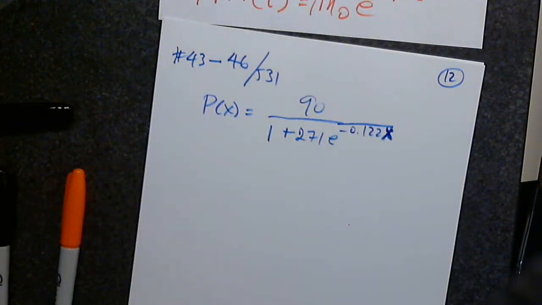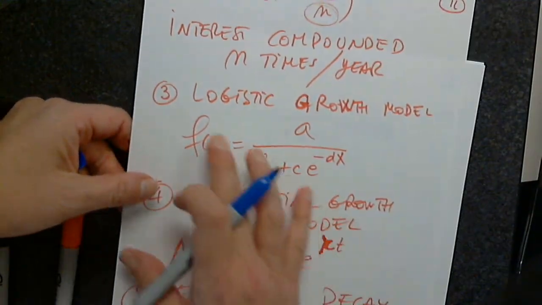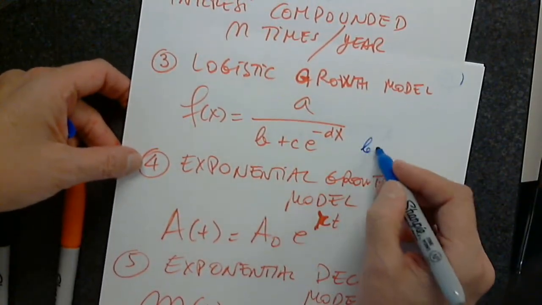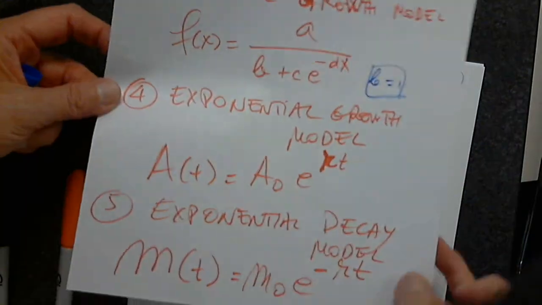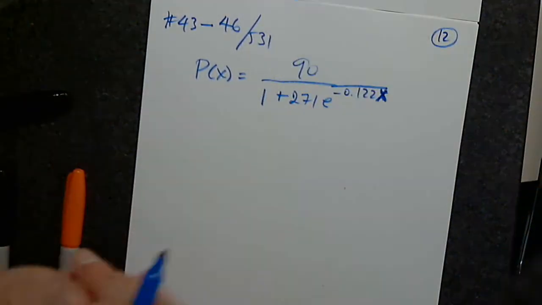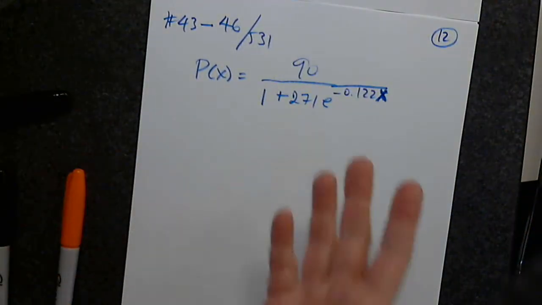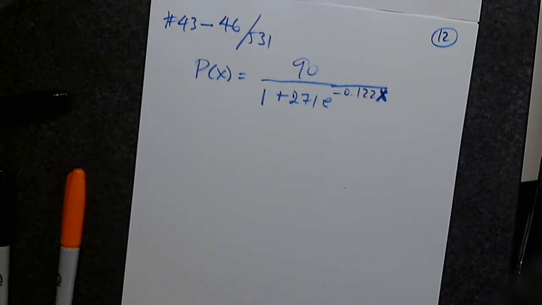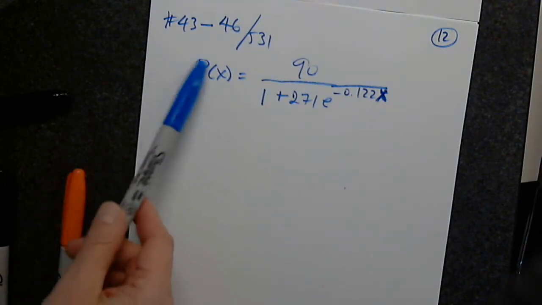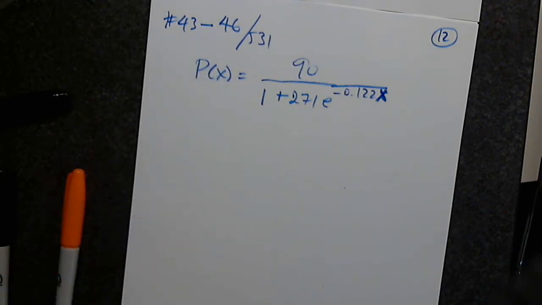And in the logistic growth model, b equals 1, as you see it here already. Again, you do not have to memorize anything. The model will be given to you. Now let's see what it means, each and every one. I mean, the two variables, meaning P of x, the function, and x.